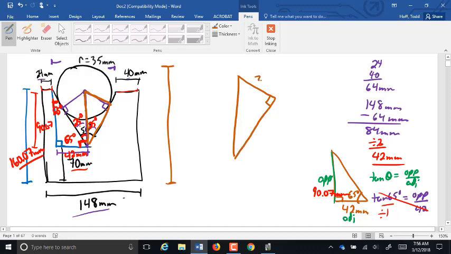I know that this is 35 millimeters because it is a radius of that circle. I know this angle here is the 25 degrees. The dimension I care about is that dimension right there, from the bottom of the V up to the center of the circle.